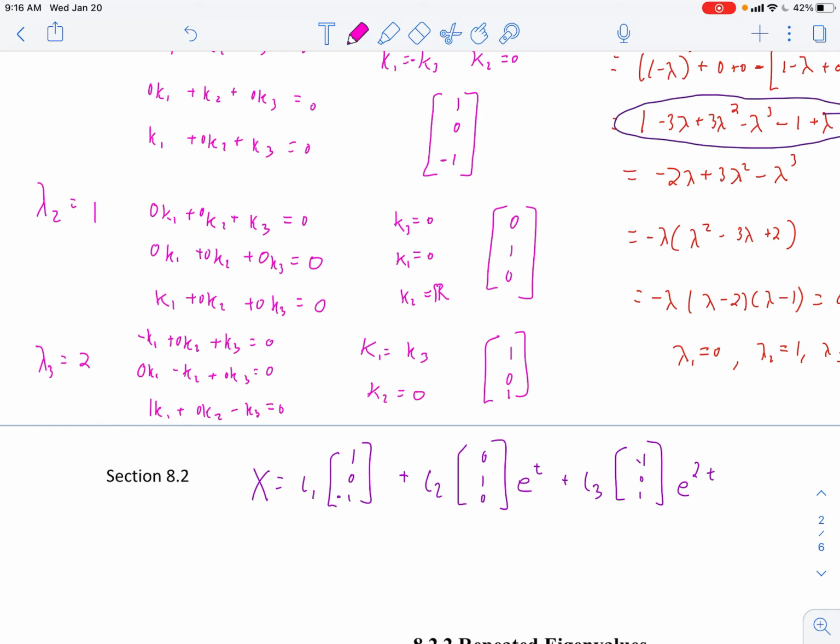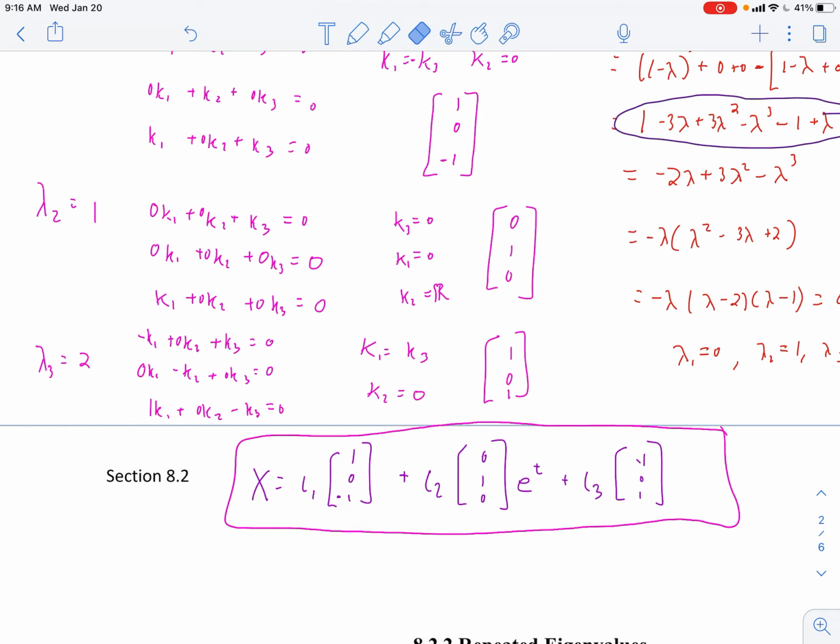Now that we have that last eigenvector, we can now plug in to our format, and we get x equals c sub 1. Now this one, actually, things have changed, so let me make this 0.